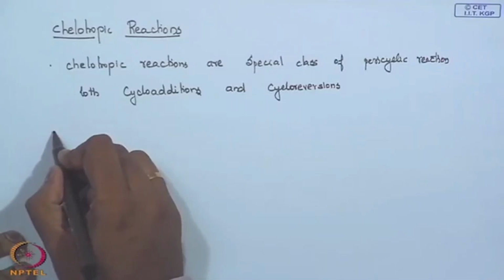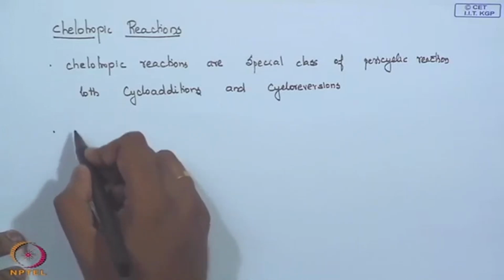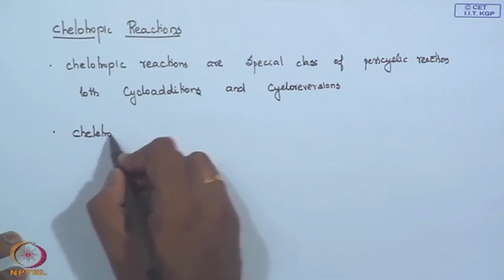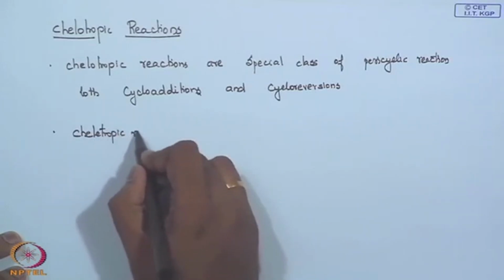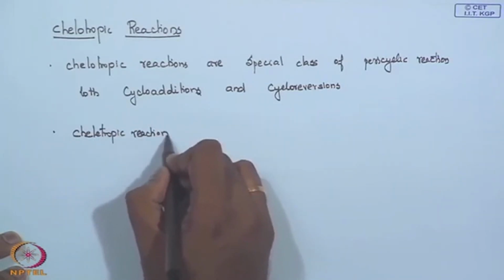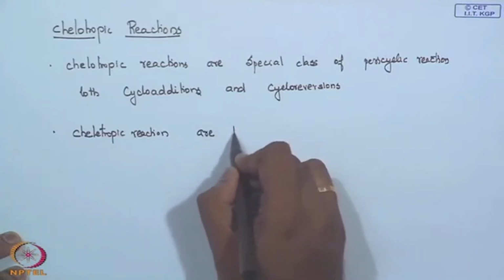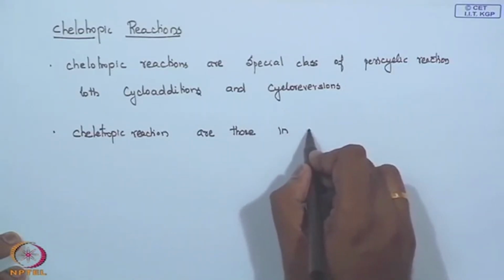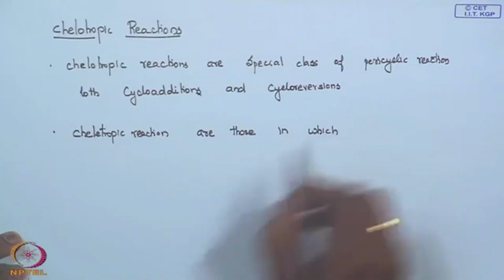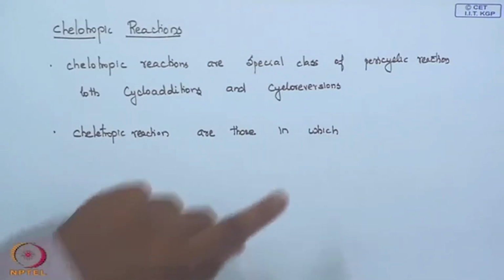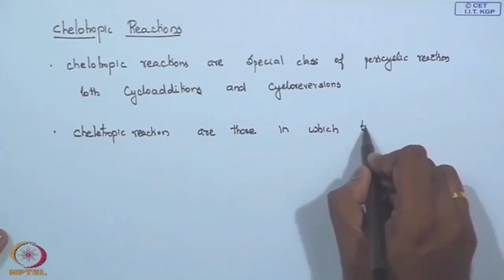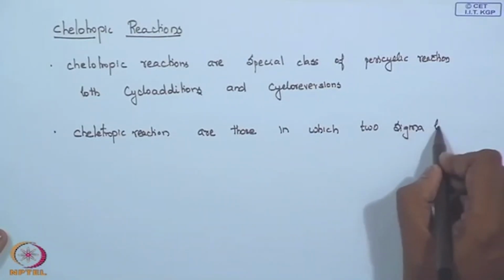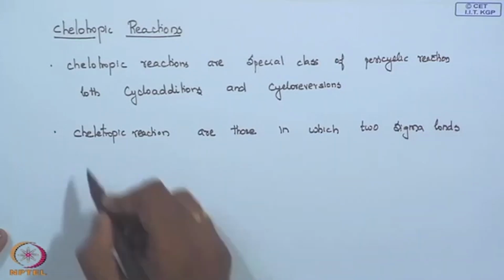So if you see the definition, it says that cheletropic reactions are those in which 2 sigma bonds are formed.